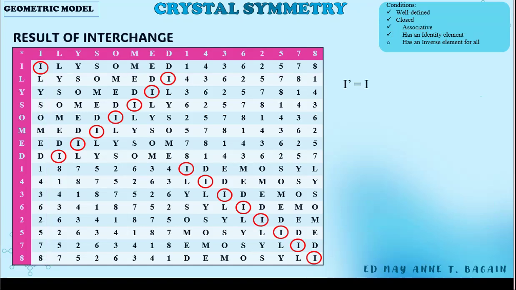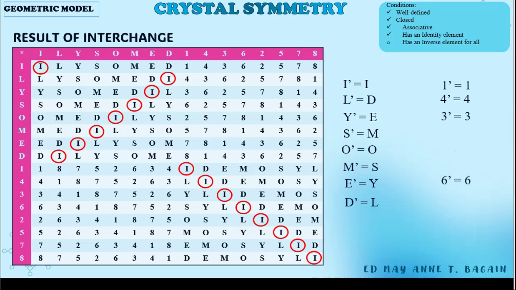As we can see here, I inverse is equal to I, L inverse is equal to D, Y inverse equal to E, S inverse equal to M, O inverse equal to O, M inverse equal to S, E inverse equal to Y, D inverse equal to L, 1 inverse equal to 1, 4 inverse equal to 4, 3 inverse equal to 3, 6 inverse equal to 6, 2 inverse equal to 2, 5 inverse equal to 5, 7 inverse equal to 7, and 8 inverse equal to 8.